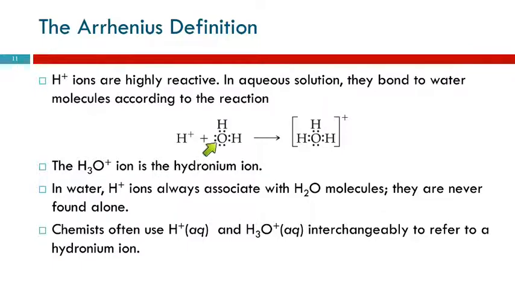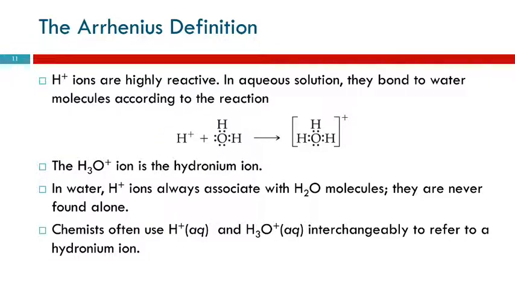So it will form what's called a coordinate covalent bond with water, where water is sharing both of the electrons with hydrogen. Hydrogen didn't bring any in. It's like a total charity case, right? This oxygen is like feeling very generous. I'm going to share one of my lone pairs with you so that you can feel like you have a duet of electrons. And that makes this ion, H3O, with a positive charge. And that has the special name hydronium ion.